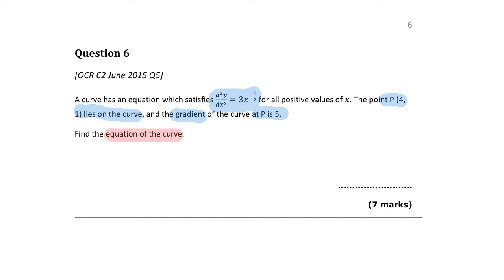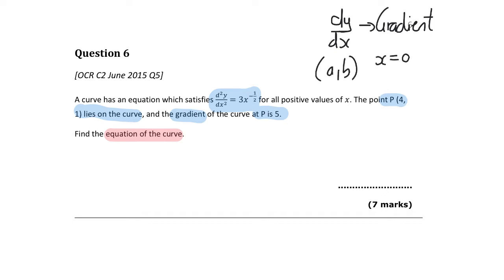Okay, so let's think about our key knowledge. By differentiating a curve, that gives us the gradient. If a point lies on the curve, that means x is equal to a, y is equal to b.